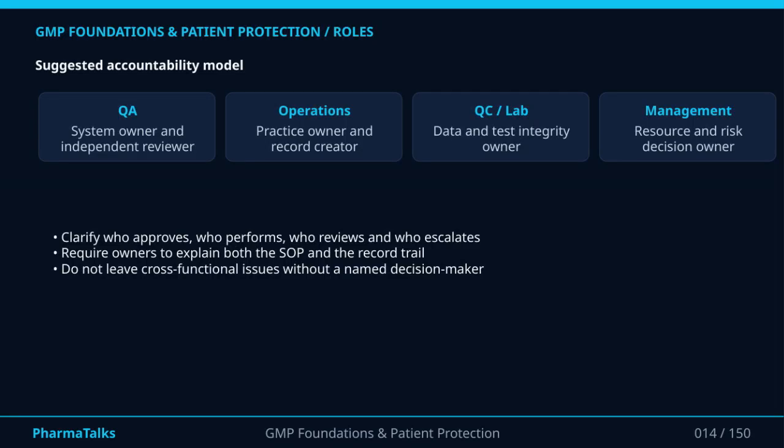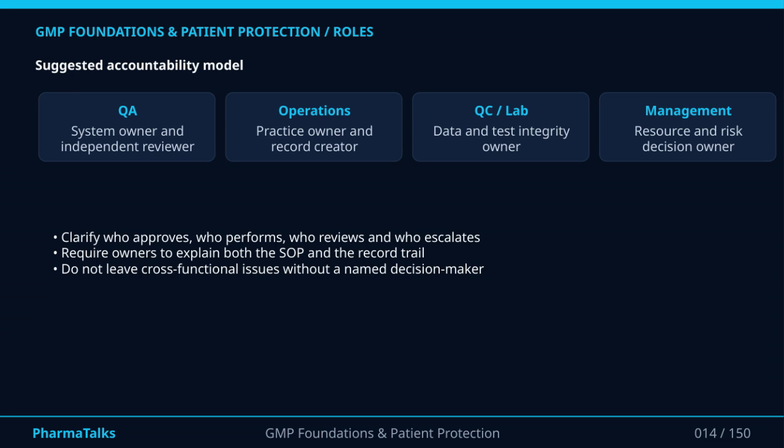On this slide, we're focusing on the suggested accountability model within GMP foundations and patient protection. The idea here is to clearly define roles and responsibilities to ensure everything runs smoothly and safely. Quality assurance acts as the system owner and also serves as an independent reviewer, which means they have a crucial role in overseeing processes without bias.